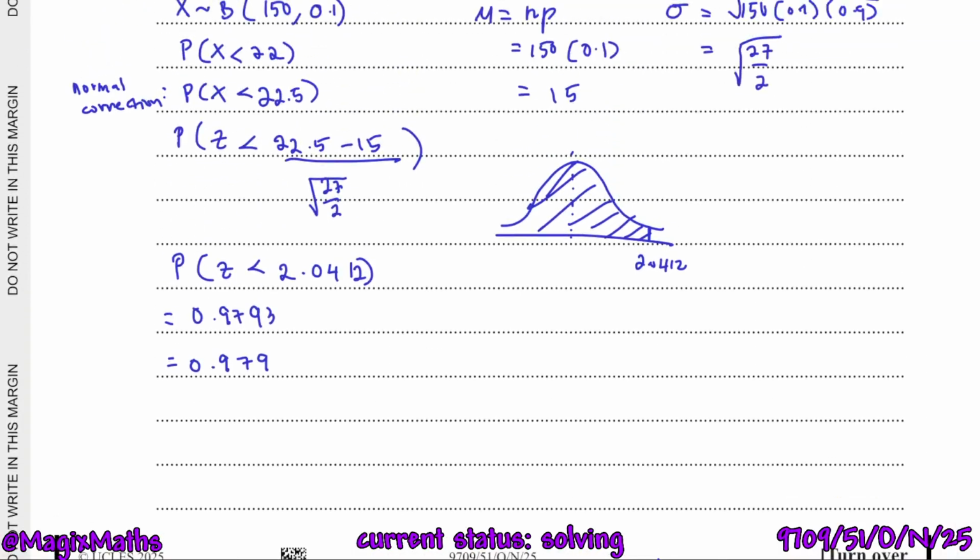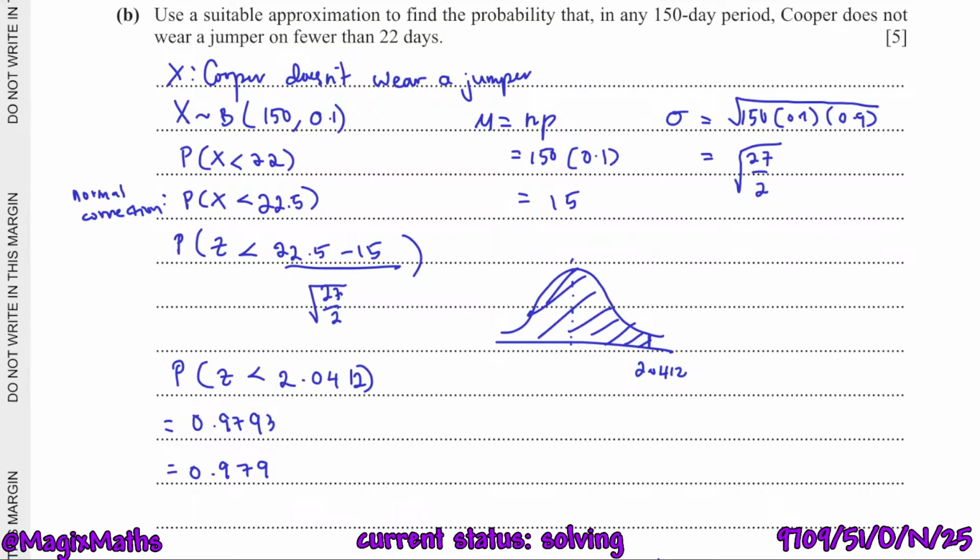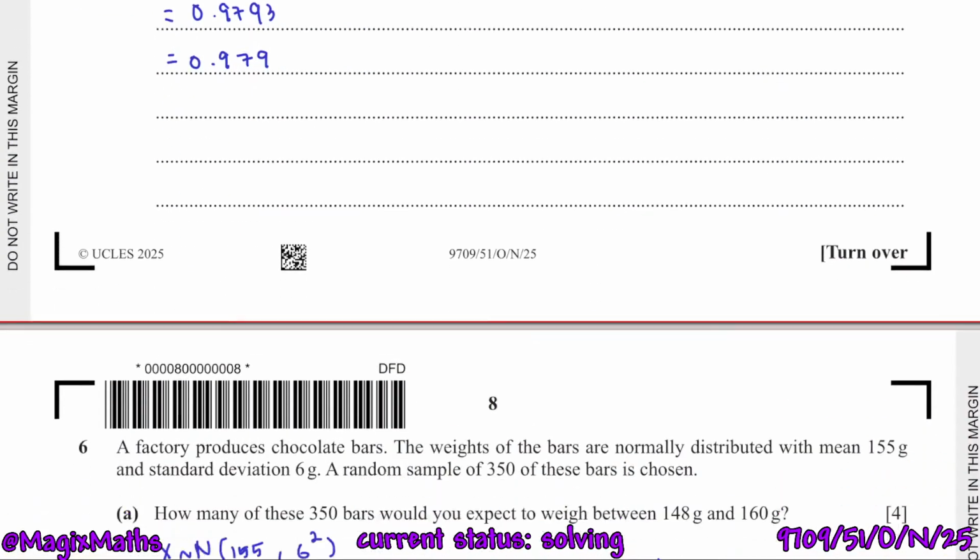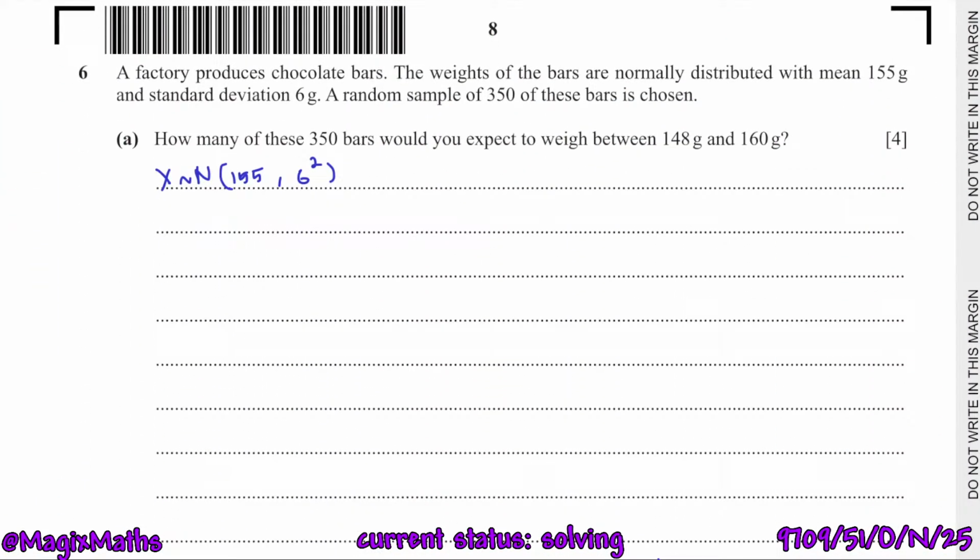I think we should have also put that here, normal distribution with mean 15 and variance 27 over 2. What is that? 13.5. Yep. Okay, so yeah, back to the question.